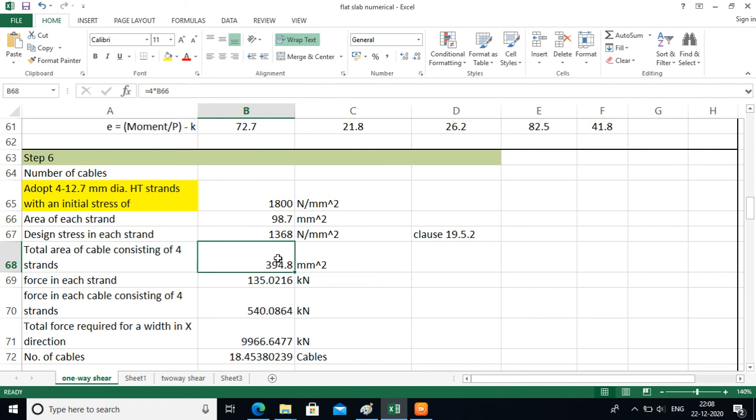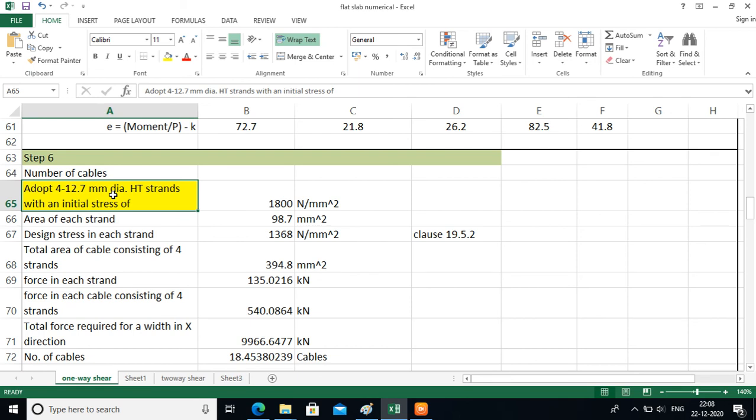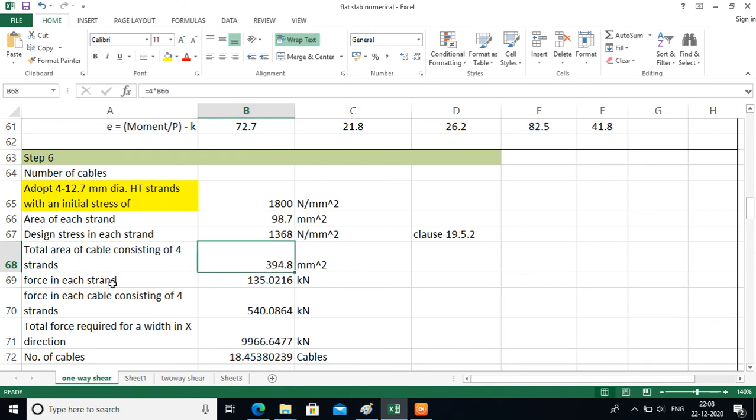In a very short way, we are calculating the number of cables, and here we use a cable having 4 strands. So the total area of the cable is 394.8. Now how do we get the force in each strand?